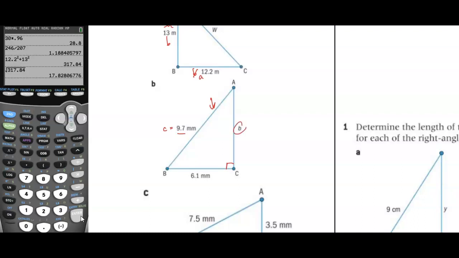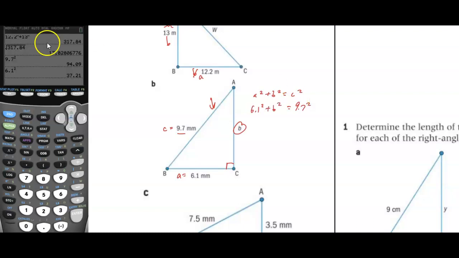Since this one's already called b, why don't we call this one a? So now we have a squared plus b squared equals c squared. Remember, c squared has to be the 9.7 squared. The a squared is going to be 6.1 squared, and then of course b squared is unknown. 6.1 squared appears to be 37.21, and 9.7 squared appears to be 94.09.